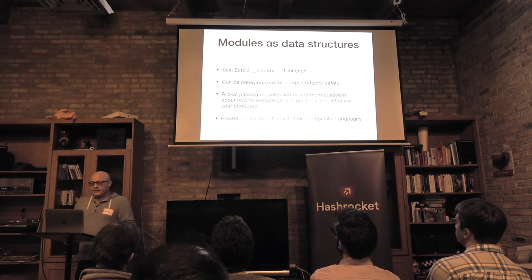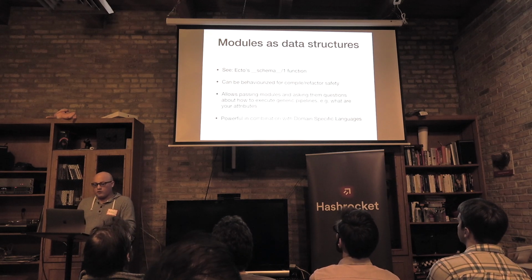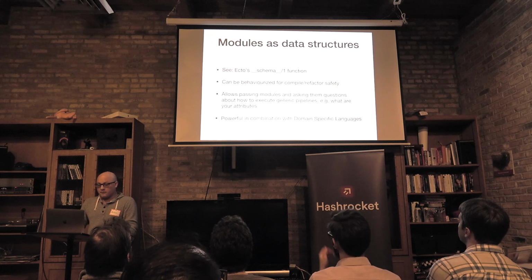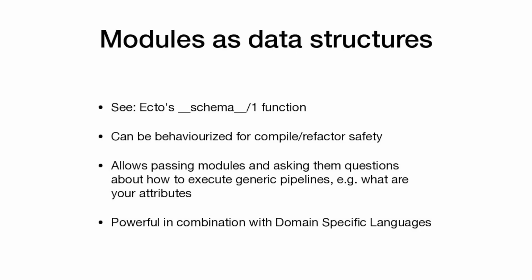So one pattern that I don't really see too often in code in the wild, and we rather like it at work, is modules as data structures. If you have a struct, that's the common data structure that you can pass around, and it's got some fields and some data that you shove into it.